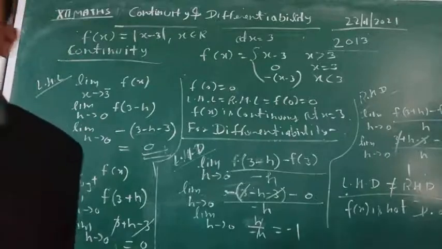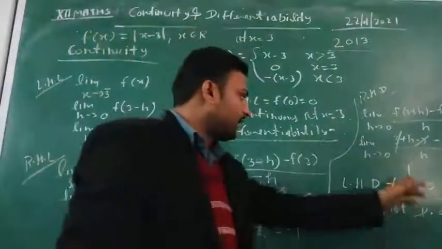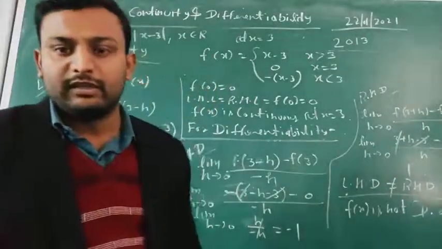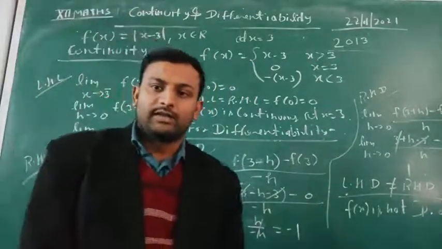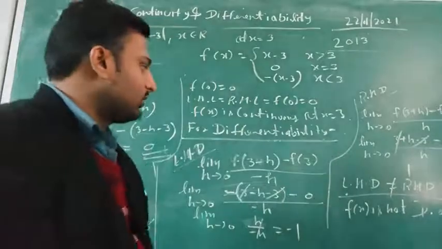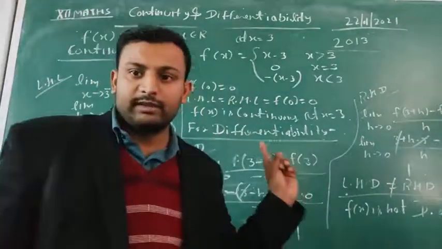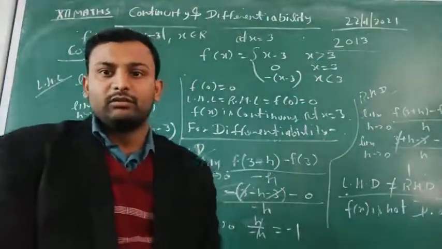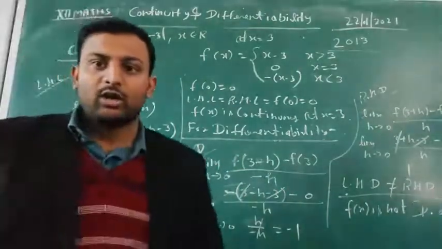So our right hand derivative is equal to 1. The left hand derivative is not equal to the right hand derivative. So we can say that our function is not differentiable at x is equal to 3, but our function is continuous. Okay student, I hope you understand.